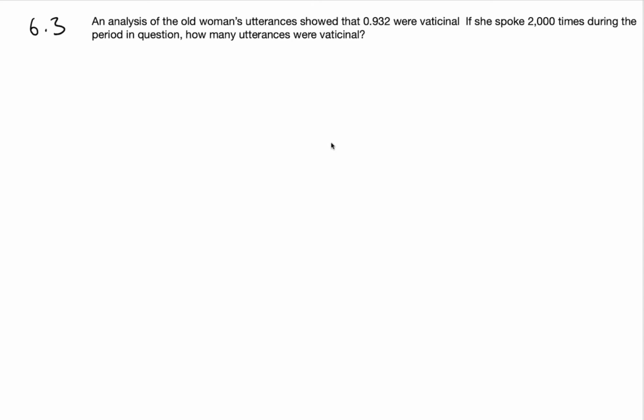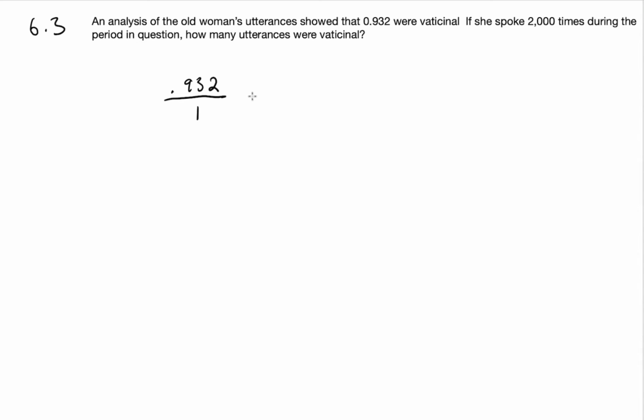So 0.932 of her 2,000 utterances were vaticinal. So we can say that 0.932 of 1, you always use of 1 when you use decimals, or you can extrapolate that into 932 out of 1,000.